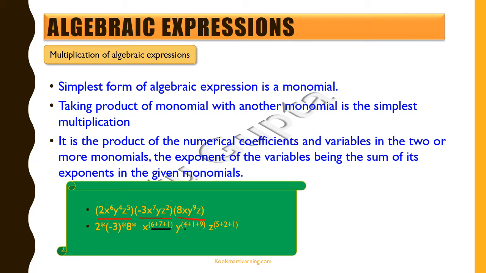So similarly for y, we do the same thing. 4 which is coming from the first monomial, 1 which is coming from the second monomial, and 9 which is coming from the third monomial. So we add them to get the final exponent for variable y in the final product. And then similarly we do it for z, which is 5 plus 2 plus 1. So the product of these three given monomials will be minus 48 into x raised to power 14 into y raised to power 14 into z raised to power 8.